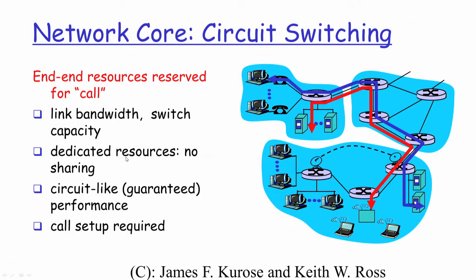If I have blocked a certain amount of memory on this particular device and that one, that portion of memory cannot be used for any other call that is getting set up until this call is active and alive.